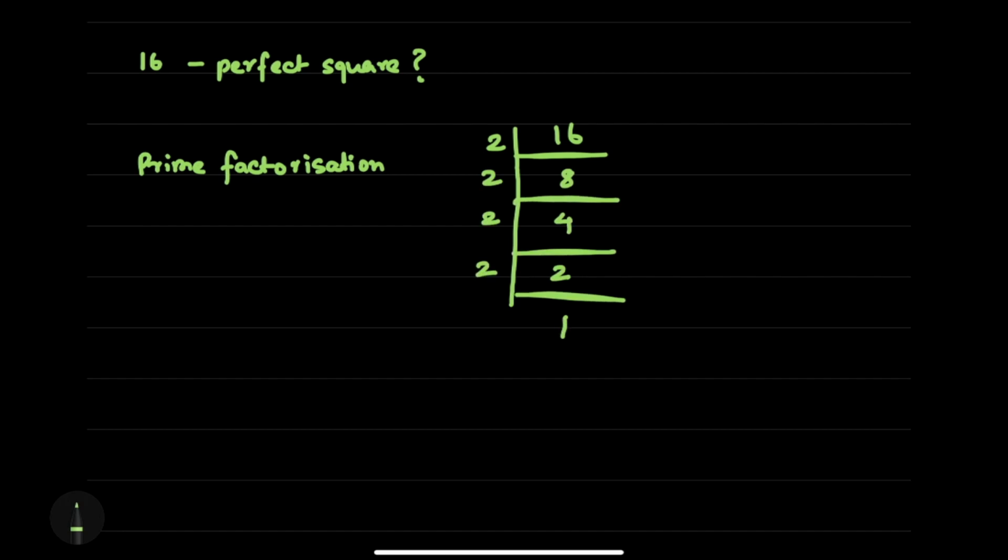That's how we have it. So 16 can be written as 2 into 2 into 2 into 2. So we have 4 2's. And then we have to create pairs of these equal prime factors. So these are 2 into 2 and again 2 into 2. So that's how we know that this is a perfect square.